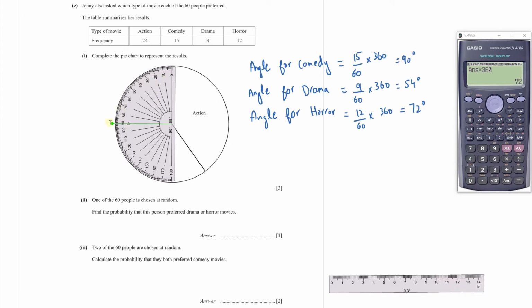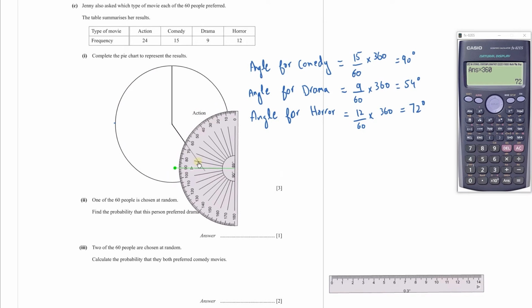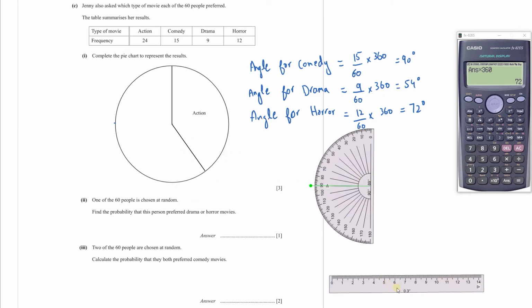And then my 90 degrees will be this point here, so I can mark this point as my 90 degrees. And then the next one is 54 degrees. So let's first draw this line for 90 degrees.